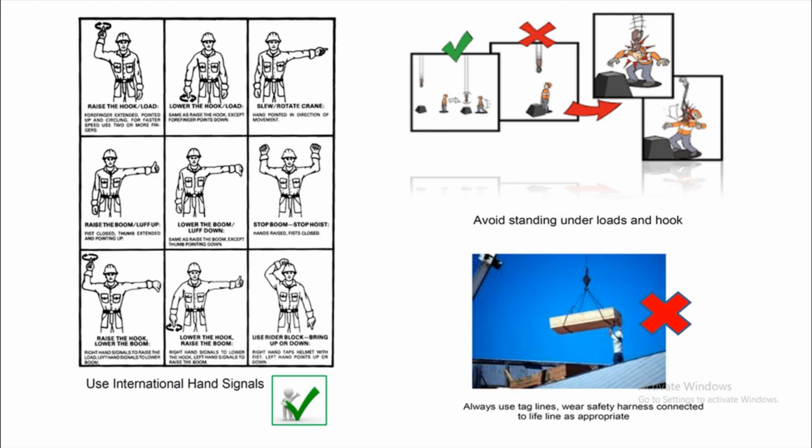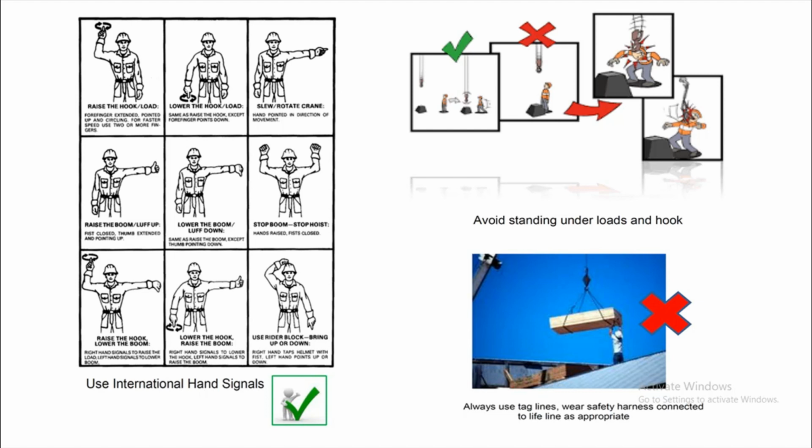When the rigger makes the hand signal with thumb up, it means raising the boom or luffing the boom up. Lower the boom is when the thumb goes down. Emergency stop or stop the hoist is signaled with two hands closing both hands.